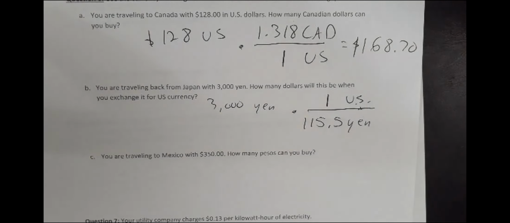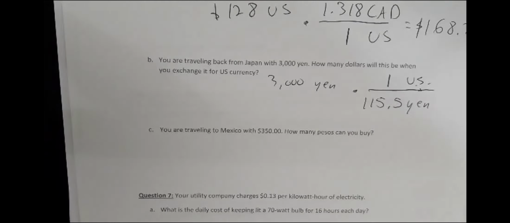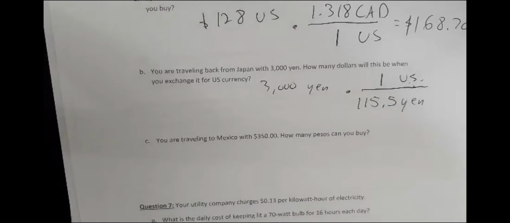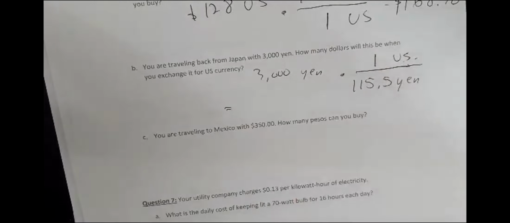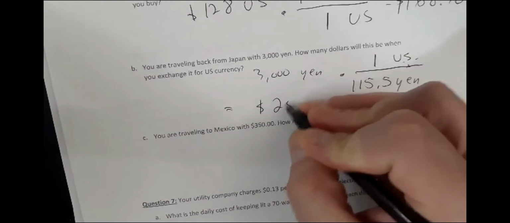Either way, if we start out with 3,000 yen, if you use context and what you might know about foreign prices, it usually requires a lot more yen, and usually requires a lot more pesos, right? So using your context might help you out a little bit. But this is about 25.97 is what I'm getting when I divide these two.